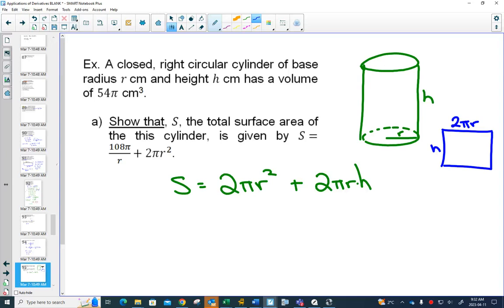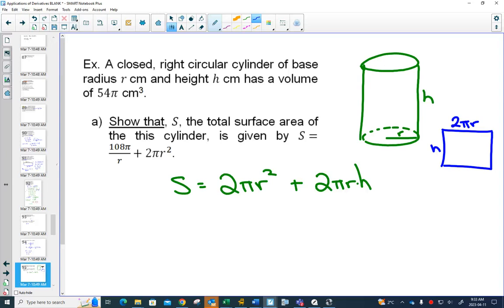So if I wanted to find the derivative of this with respect to r, I would have to use implicit differentiation because I have another variable in there. We've done implicit differentiation, but even better is if we can take this equation and have it only in terms of one variable, either only in terms of r or only in terms of h.